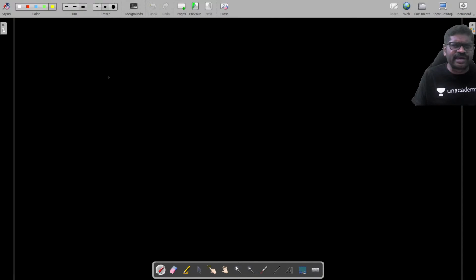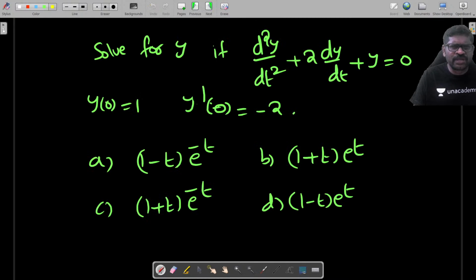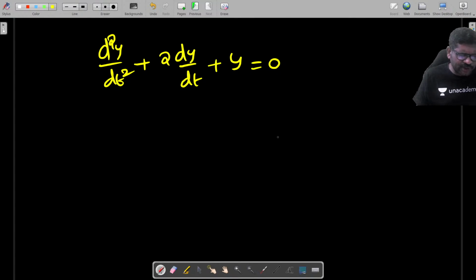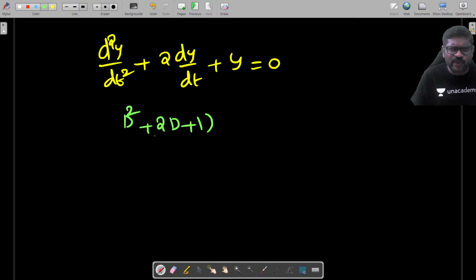d square y by dt square plus 2 into dy by dt plus y equal to 0. If you write in operator form, d square plus 2d plus 1 of y is equal to 0.